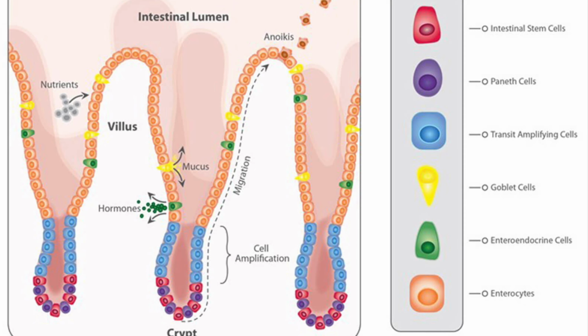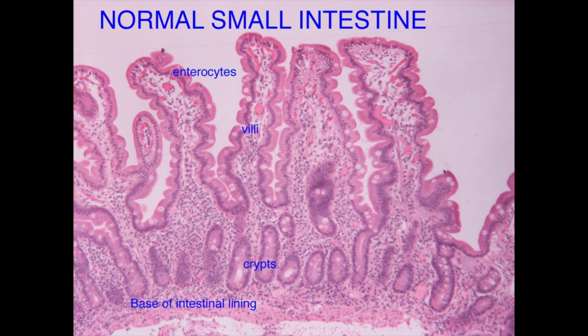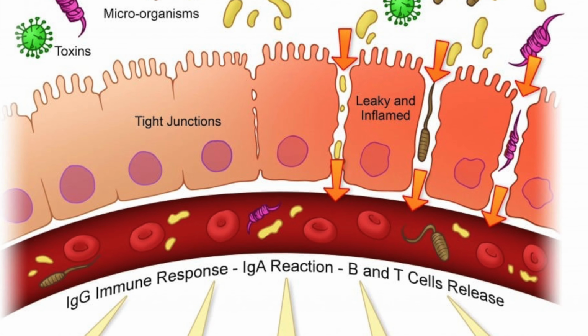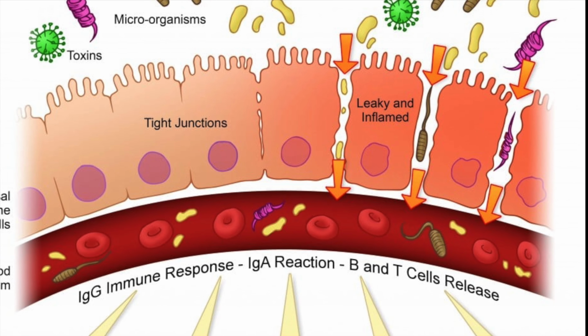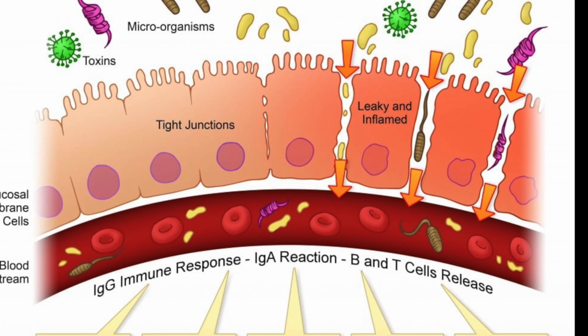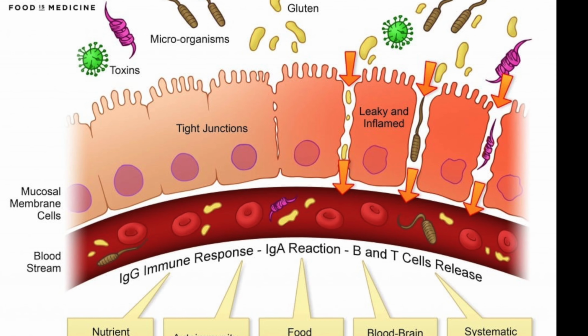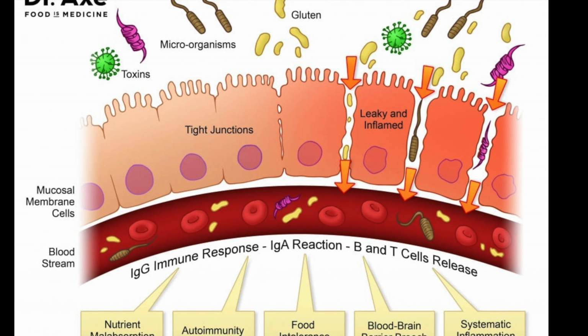More on that later. Normally, tight junction proteins line epithelial cells of the gut, acting like door locks, keeping the contents of the gut outside and the body's internal milieu inside. However, sometimes molecular signals in the gut, whether from diet, microbes or microbial products, chemical exposures, and so on, can signal those tight junctions to break apart.